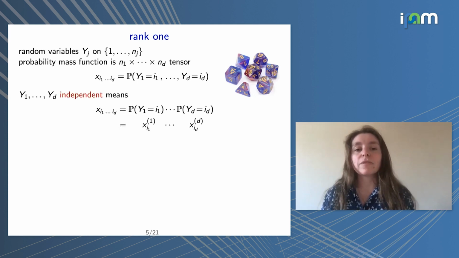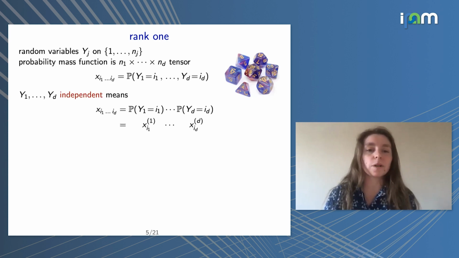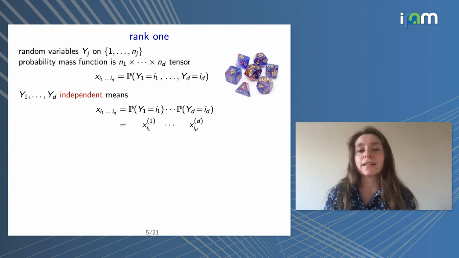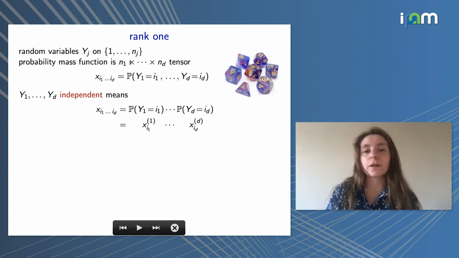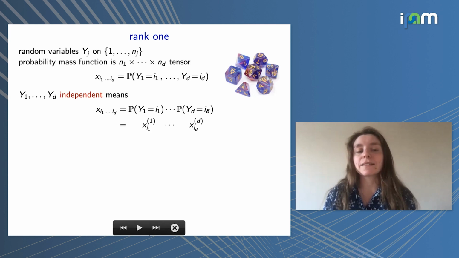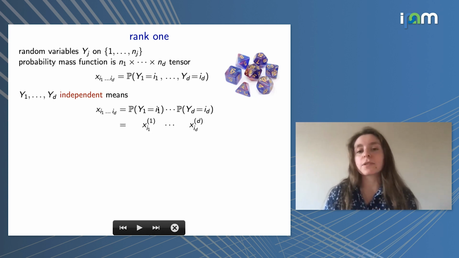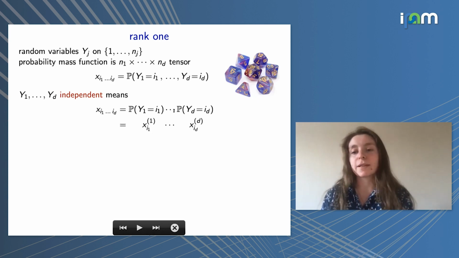Then if our random variables are independent, this means that the entry of the tensor at index i1 ... id is this joint probability. But if they're independent, then this joint probability factors as the product of the probability that y1 equals i1 times ... times the probability that yd equals id.